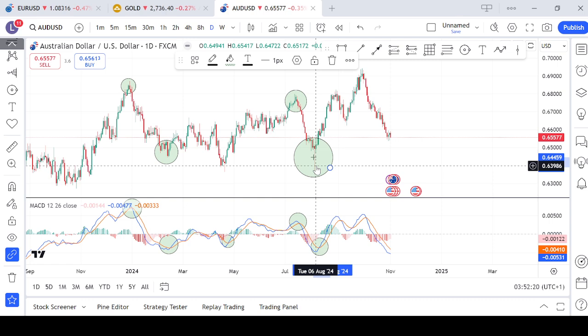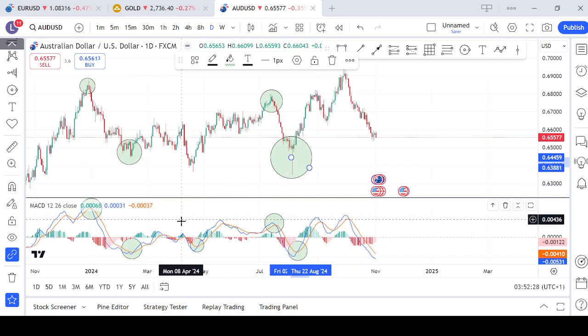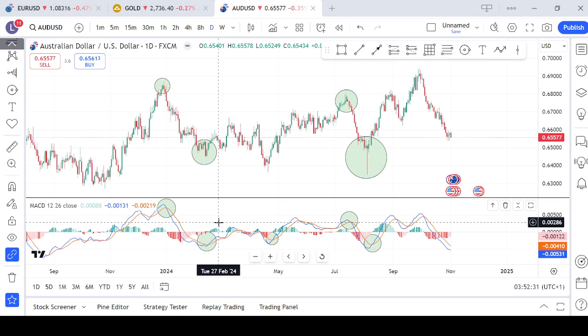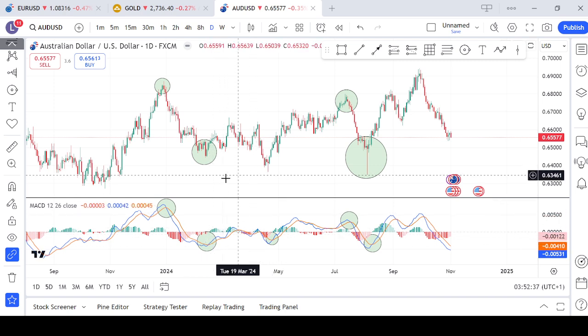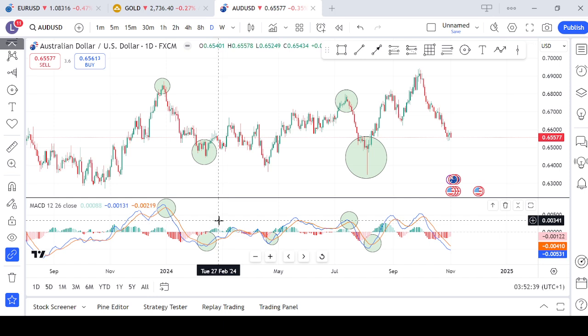The MACD histogram also provides additional insights into momentum strength. When the histogram bars are increasing in height and positive, the green color, it indicates growing momentum in the current direction and that we might be in a bullish trend. When you see the red histogram bars, it suggests that we may be in a bearish trend.